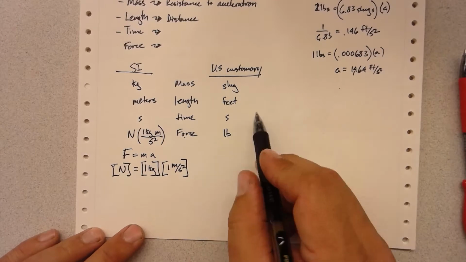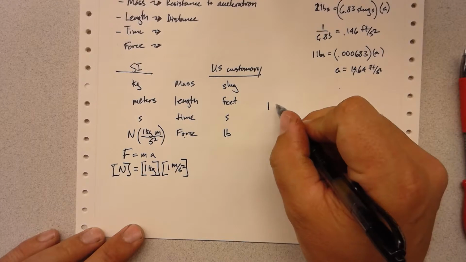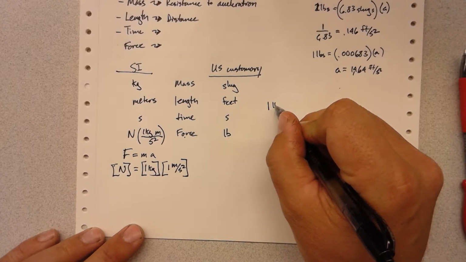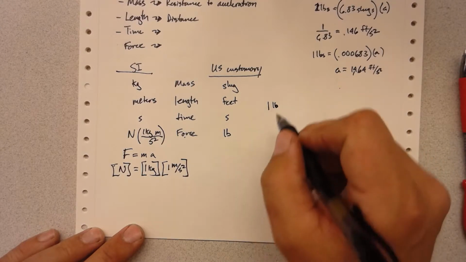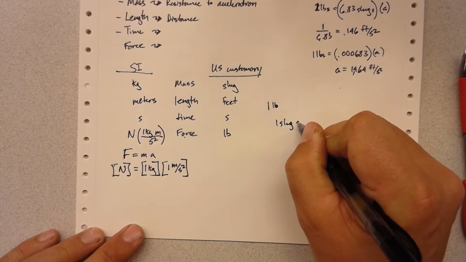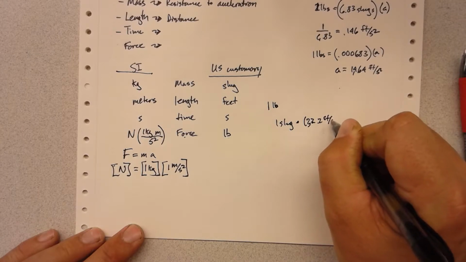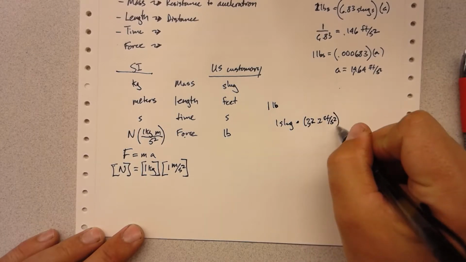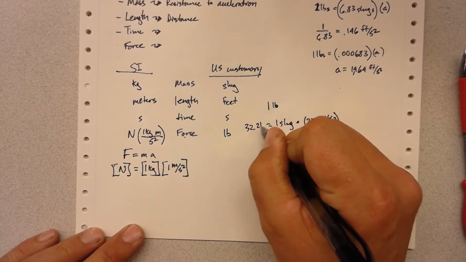And so how they did that is that they had their standard of 1 pound accelerating at 32.2 feet per second. So 1 slug, if it's moving at 32.2 feet per second squared, that's the acceleration of gravity on Earth, gives you 32.2 pounds.